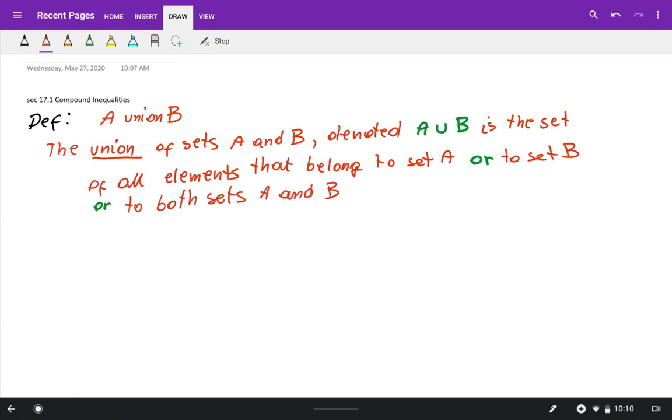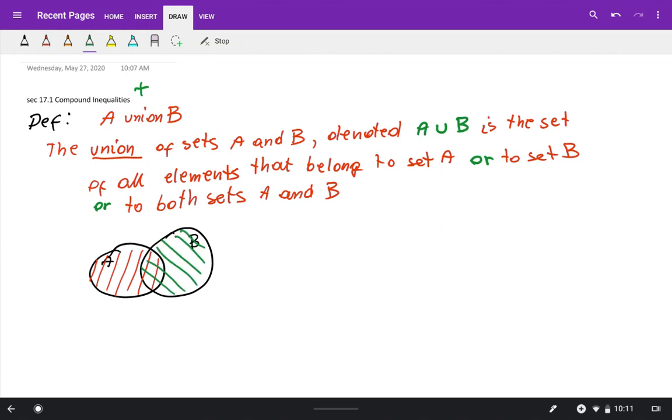So let me show you union. What does union mean? Union technically means that you're adding the elements of two sets together, so union technically stands for addition. Let's draw two sets. We have set A with many elements and set B with many elements. Set A, let's do it in red. Set B will be in green.